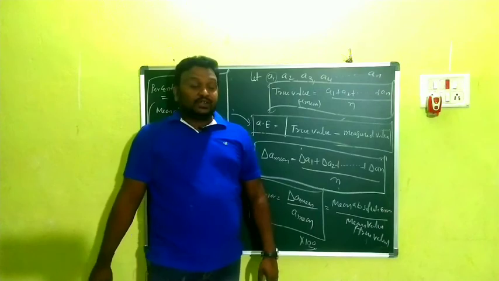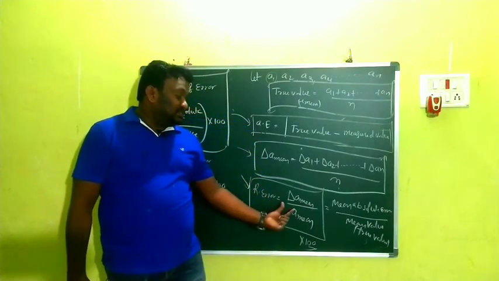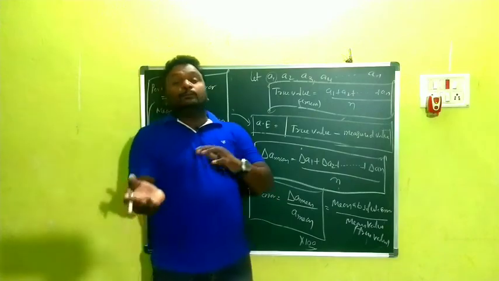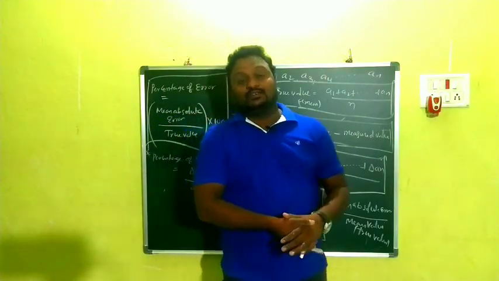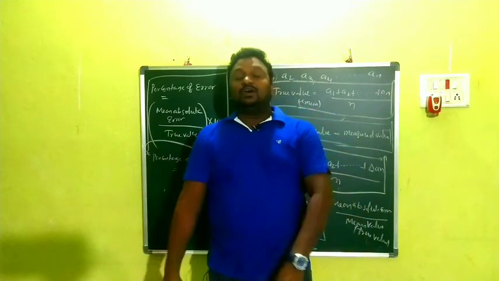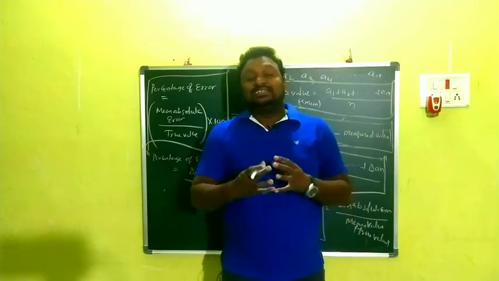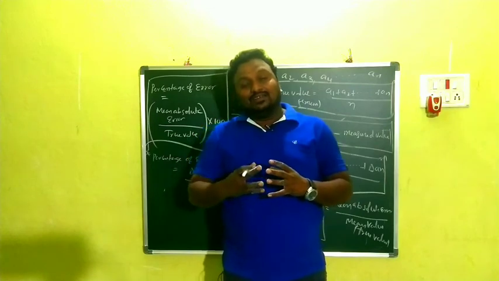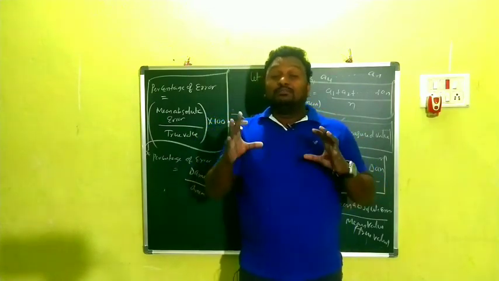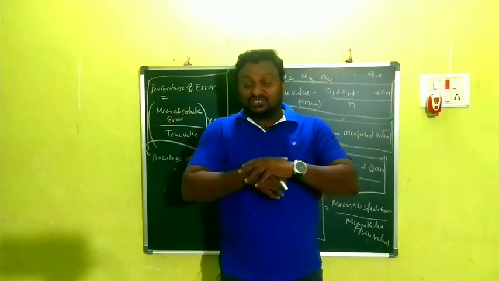In this experiment, relative error is equal to delta A mean by A mean. Clear? And now percentage of error: relative error into 100. If you multiply the relative error with 100, you get the percentage of error.